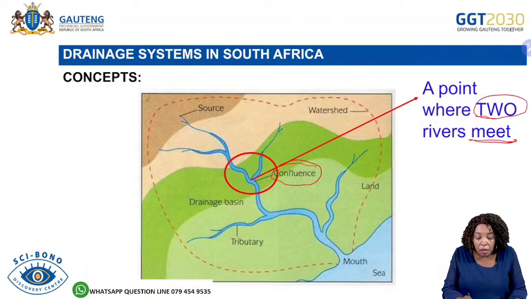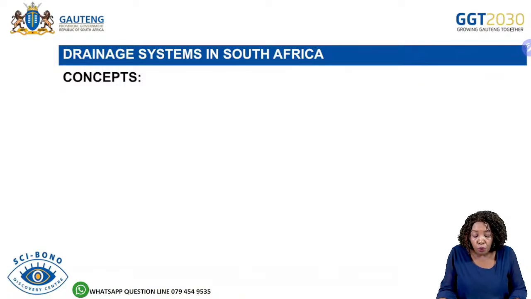You can see there's a tributary, and then there's the source, and it's the tributary. We can see that this river starts there, and then it flows into this particular main river. So the point where the smaller stream, which is a tributary, meets up with the main river, we refer to it as a confluence.